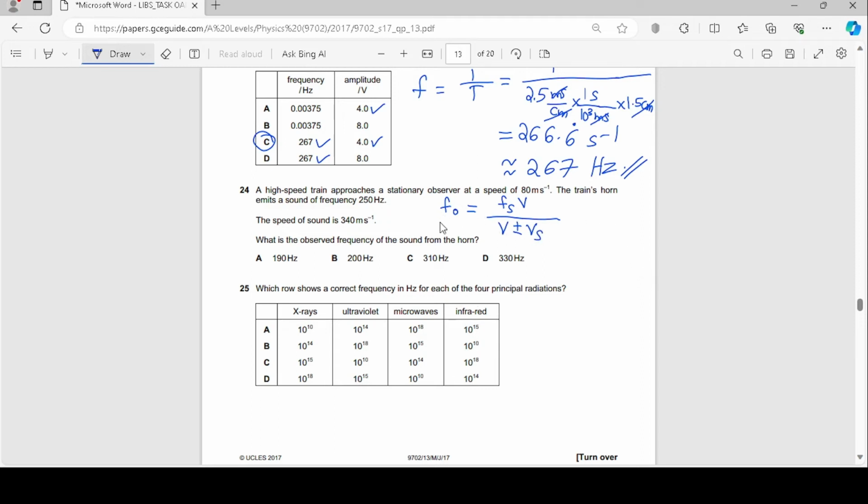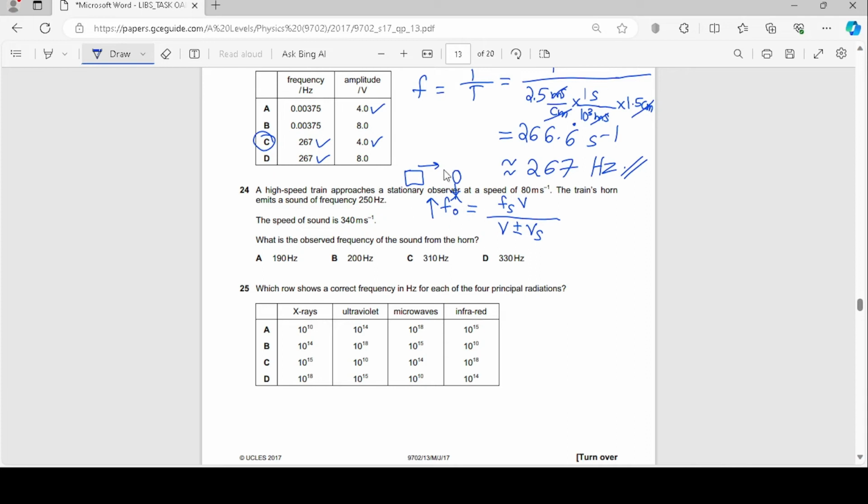Okay, wait, so the train is approaching the observer, right? So this is the observer, that's the train, and it's approaching the observer. And so that means that the observed frequency is going to become greater compared to the source frequency. The observed frequency is becoming greater because the train is approaching the observer.